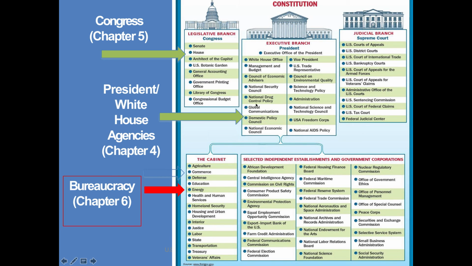And then you have other executive branch agencies that are critical as well in foreign policy. But note down here, the arrow goes here. Here's the cabinet. And then here is the selected list of independent bureaucracies.